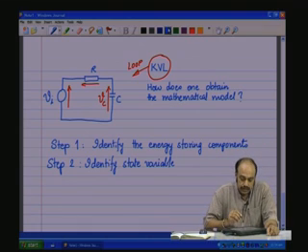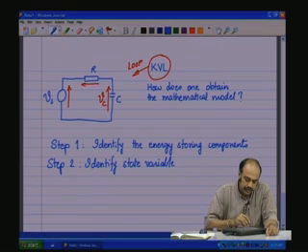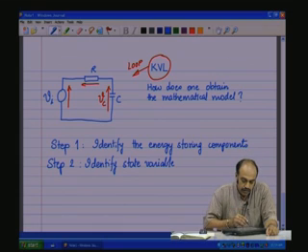Now having done this, that is having identified the energy storing components and having identified the state variable, put down or write down the state variable at the corresponding or appropriate place in the circuit. The circuit should contain only the input variables, the state variables, and the parameter variables like the R and C's.